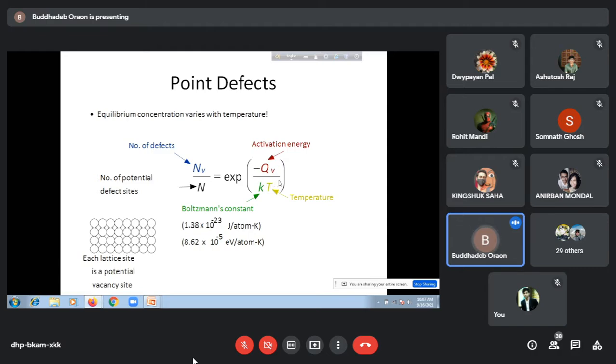If you put one constant here, it is better, and that equation is known as the Arrhenius equation. So the rate is dependent on temperature.